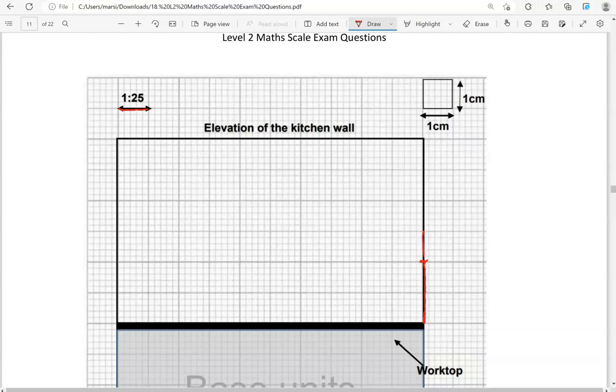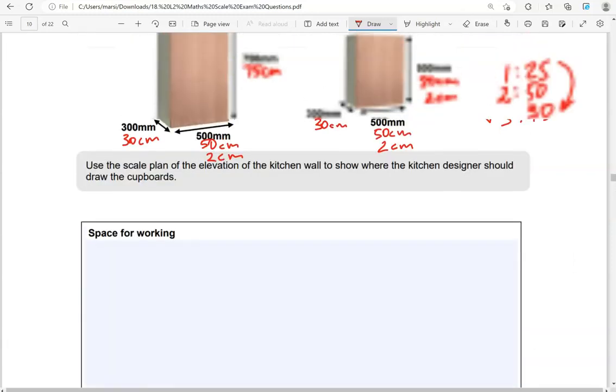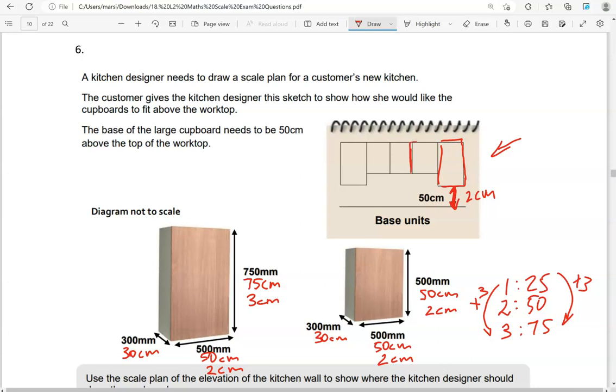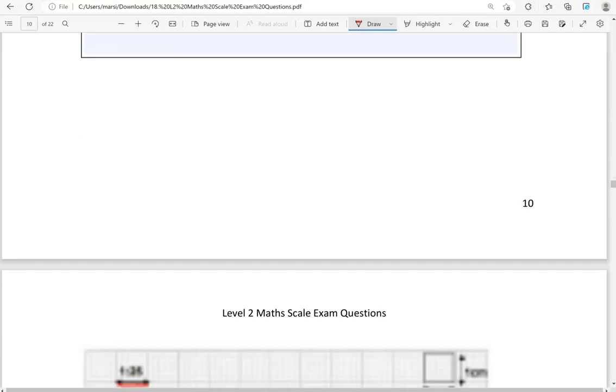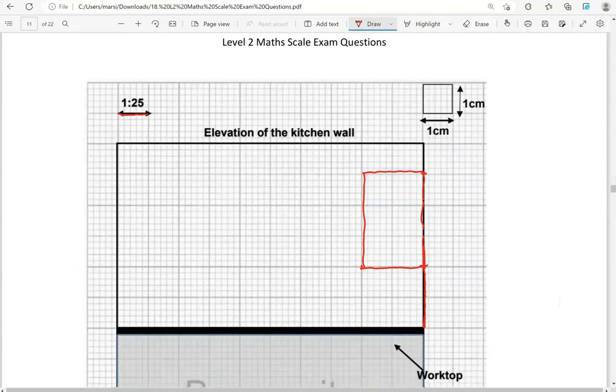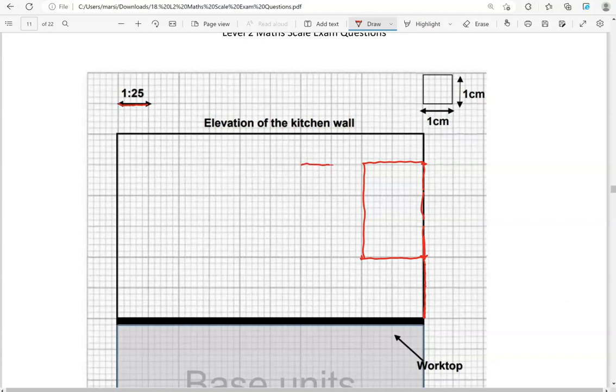So that's 1, 2, 3, and that's 2 across. Then we have 3 short cupboards, which are 2 by 2, so 2 centimeters wide and 2 high. And then we have a long one as well here.